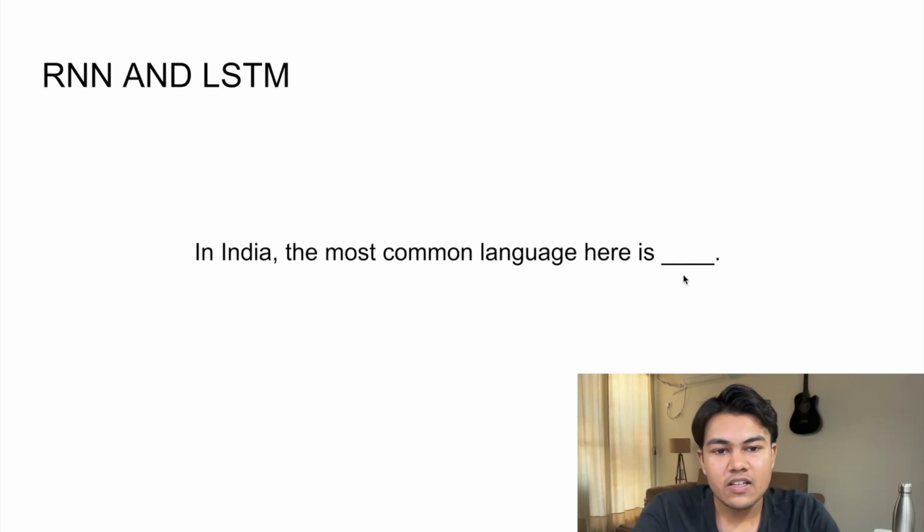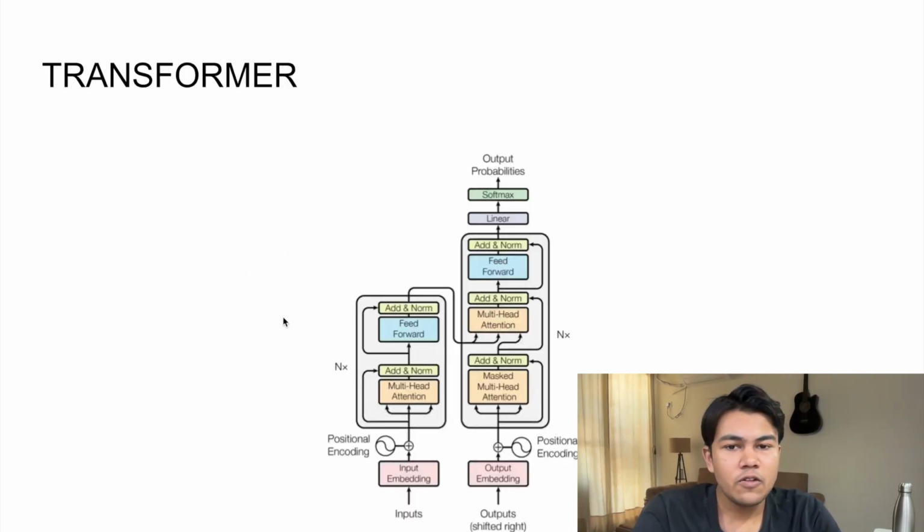In this sentence, India will have a high weightage because it contributes more to the sentence to make a prediction. Language also has a high weightage. I don't think "the" will have a high weightage. No. "Is" doesn't either. Certain words will have a high weightage, and that's how it was solved.